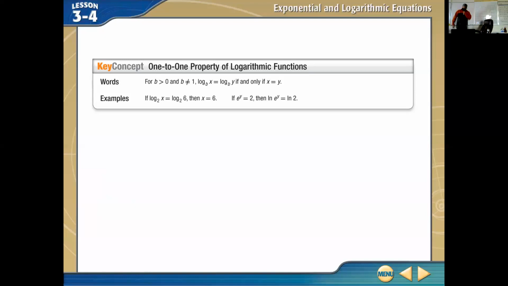So in this case, if I have log base 2 of x is equivalent to log base 2 of 6, then x and 6 must be equal. One-to-one property allows me to remove it. The same way that we exponentiate, we can take the logarithm or the natural log or the common log of both sides.